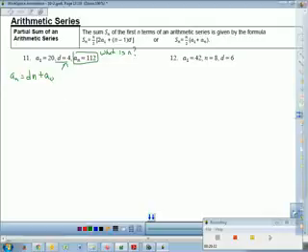Cool? It would just be pretty messy to substitute all this stuff into Formula 1 right here. This is going to be a quicker version of it. Awesome? Do you know the nth term? It is 112, correct? So that goes right now. Do you know d? It is 4.